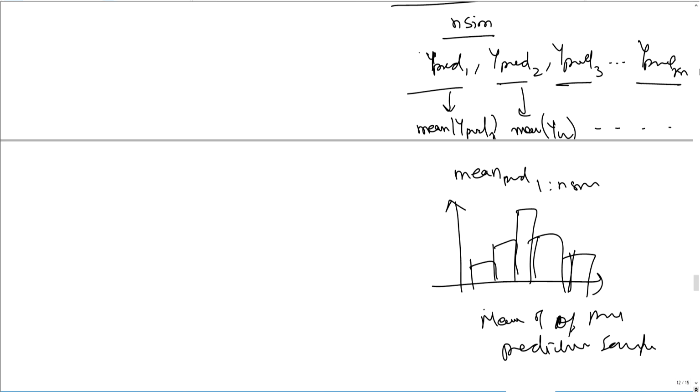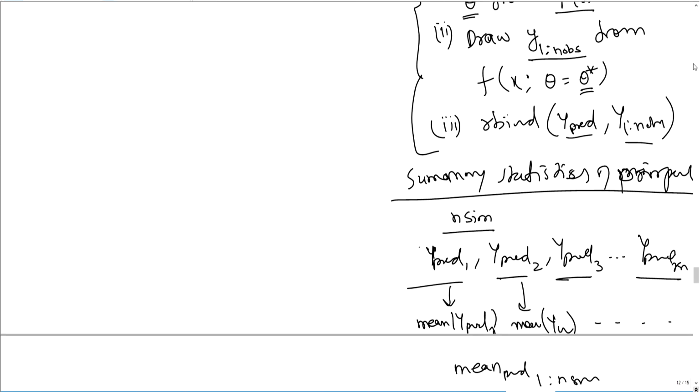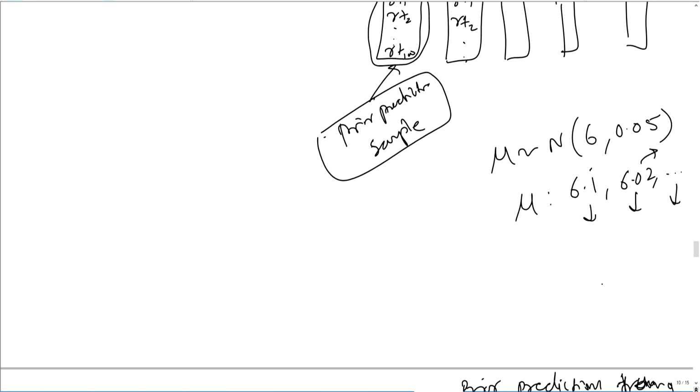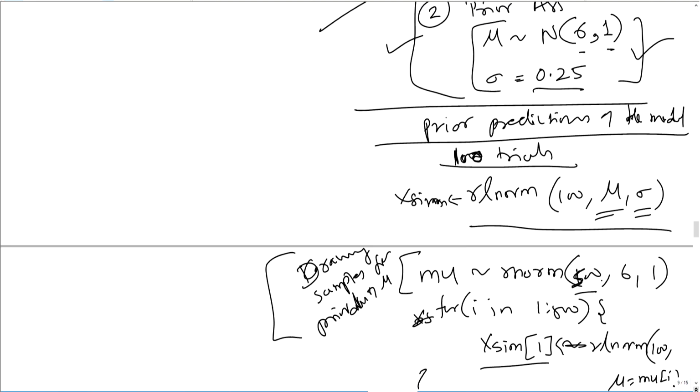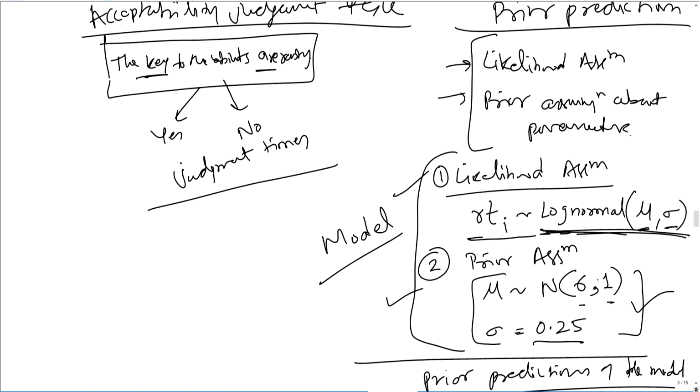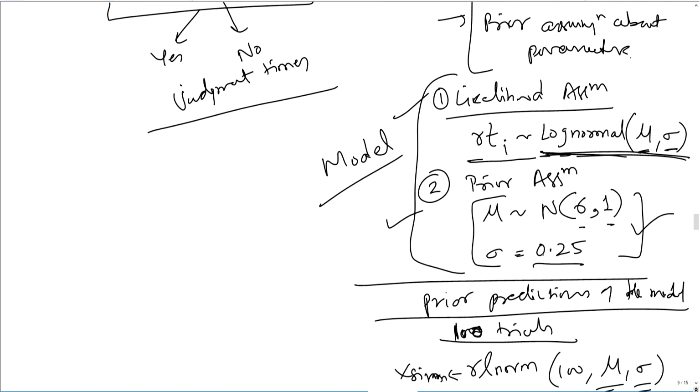Let us say you are doing this for the experiment that we were planning here, the judgment times experiment. Hypothetically, you assumed that the prior on mu is normal(10, 1). Let us say you do not have a very good idea and you just took a guess and decided this prior seems okay.